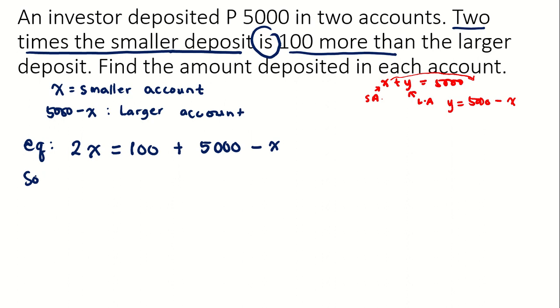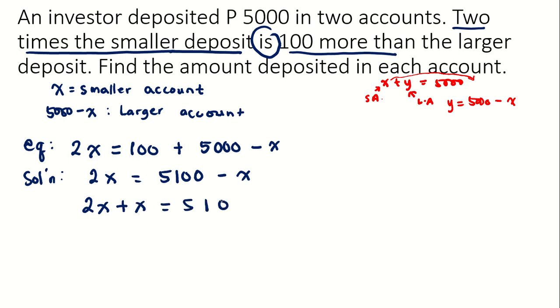And then let's solve. That is 2x is equal to 5,100 minus x. Combine similar terms, that is 2x plus x is equal to 5,100. And then 2x plus x is 3x is equal to 5,100. Divide both sides by 3.